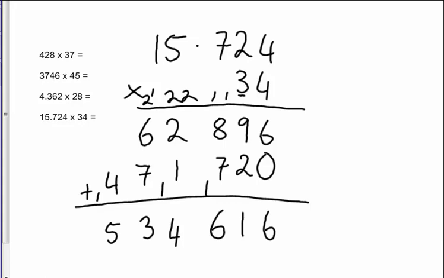So I go back to my original sum. You can see the decimal point is here, and there are 3 numbers, 1, 2, 3 after it. So my answer, I'm going to count in 3 spaces, 1, 2, 3, and my decimal point goes in there. And so my answer now is 534.616.